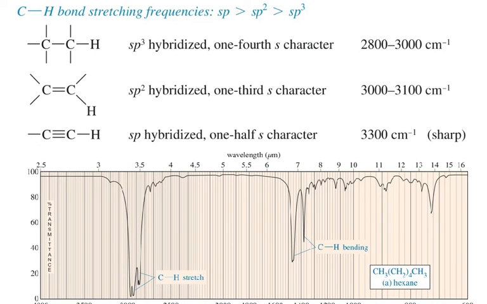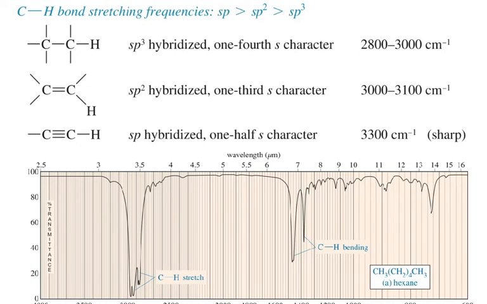So now we get into the more useful stuff. The CH stretching depends on what kind of hybridization you have, and essentially that means how you're bonding. sp3 is single bond, sp2 is double bond, and sp is triple bond. We're talking about the carbon that is bonded to the hydrogen, because hydrogens don't have hybridization.